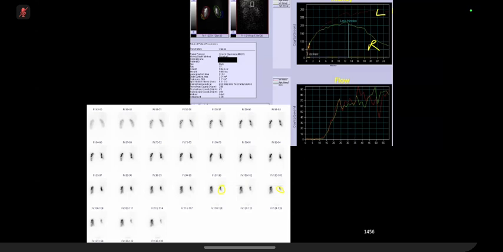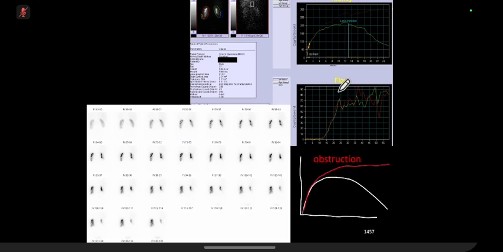That's obstruction, and this is a normal state of affairs where you get excretion of tracer from the kidney following the Lasix injection. And that obstruction can be due to a stone, it can be due to PUJ obstruction, it can be due to any number of causes of obstruction.